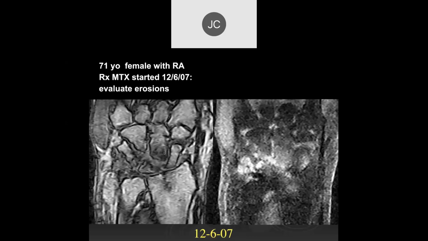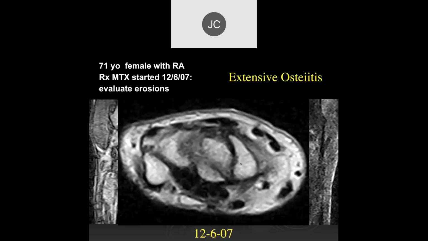So it's a true osteitis here within the capitate, and to a lesser extent within the scaphoid. So this is on 12/6/07. So extensive osteitis. And this is on the axial images where we see that interface between the capitate and the scaphoid.